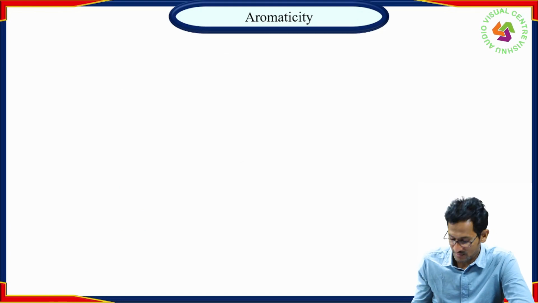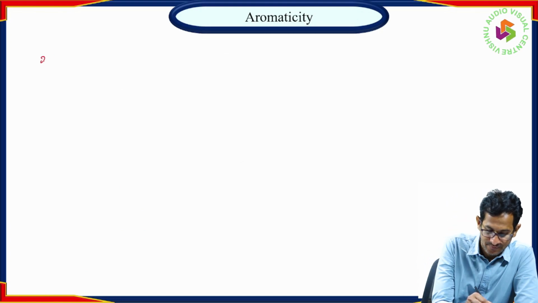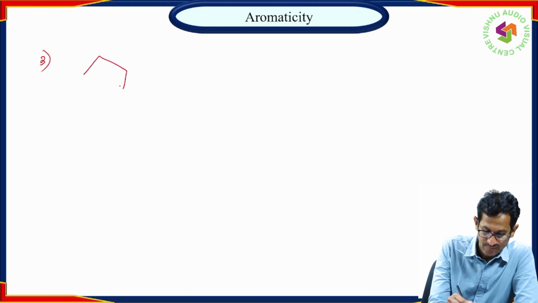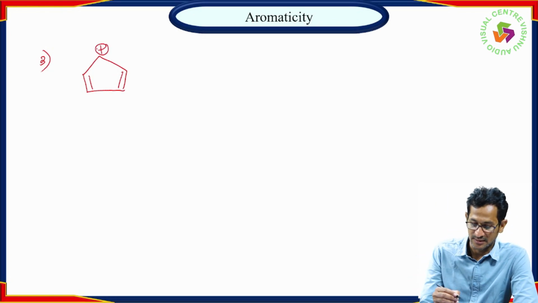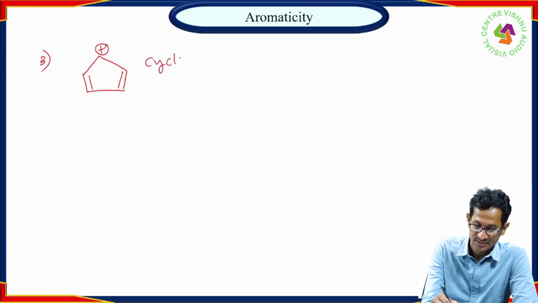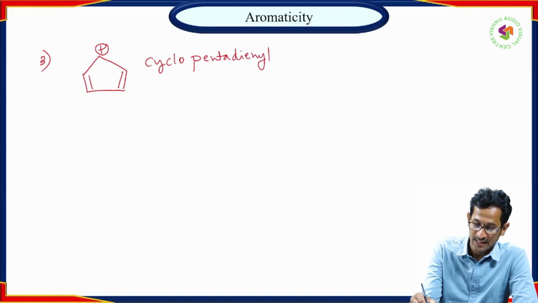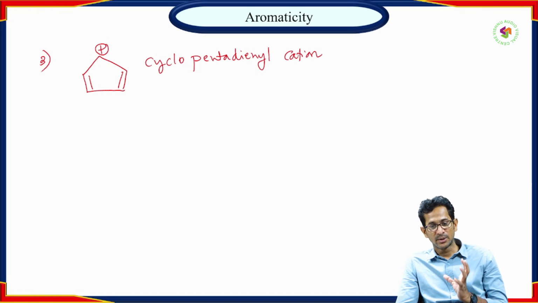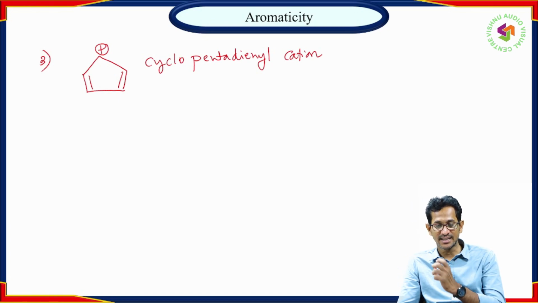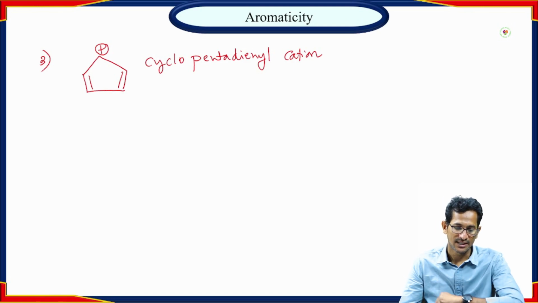Next, the derivative of the cyclopentadiene. Cyclopentadienyl cation. Because cyclic structure, cyclo, 5 carbons, penta, 2 double bonds, diene, and a positive charge, cation.